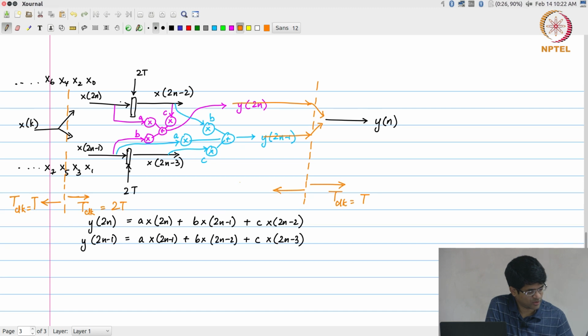On the left hand side over here, t clock was equal to 2t. Okay. So, this entire area in the middle, in other words, right, is operating at half the frequency of the actual input.